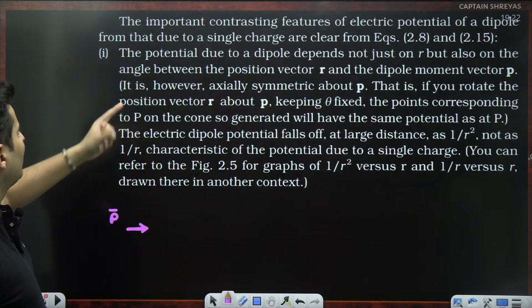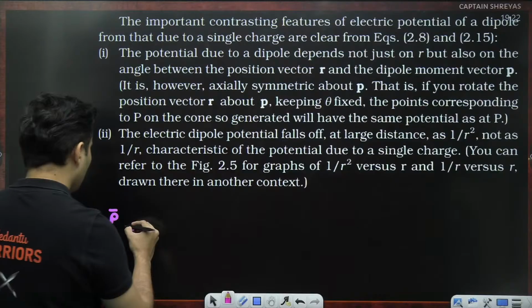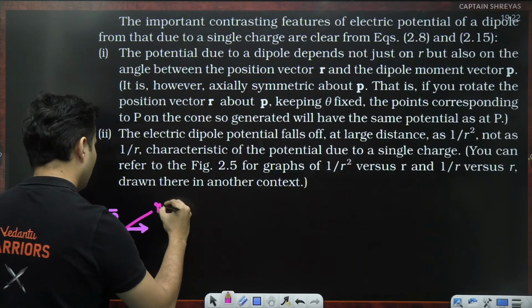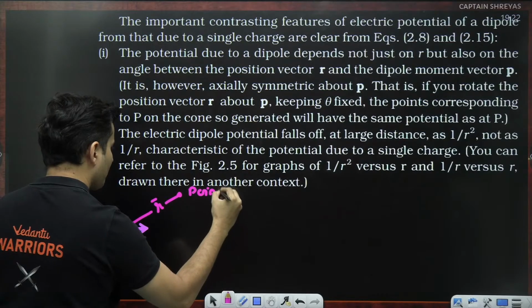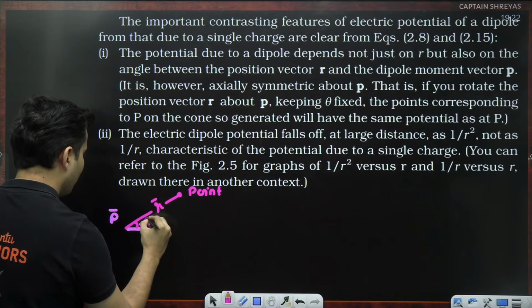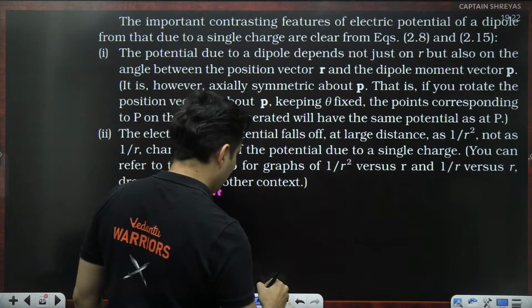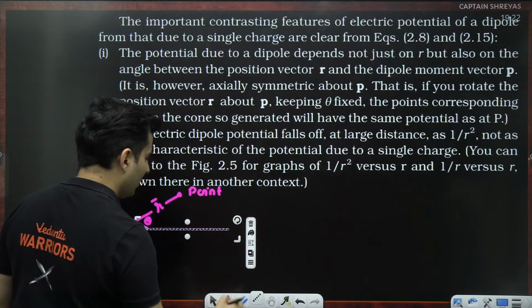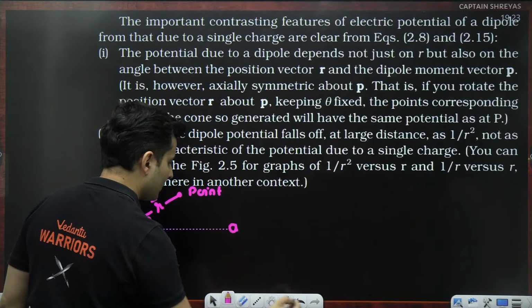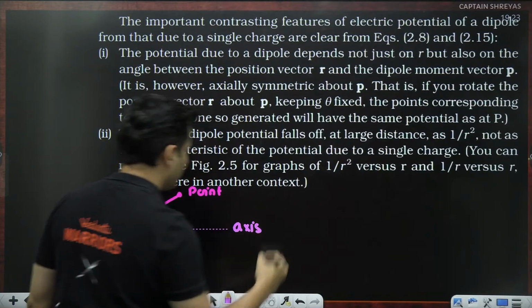So if you rotate the position vector, this was our position vector r to locate that particular point. This was that particular angle theta. Now imagine you make this dipole moment vector's direction as your axis.